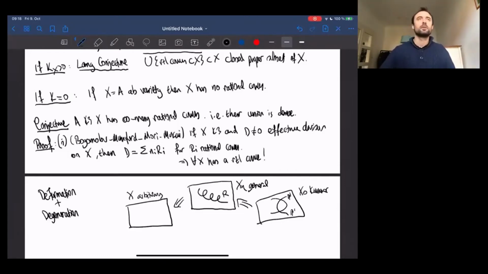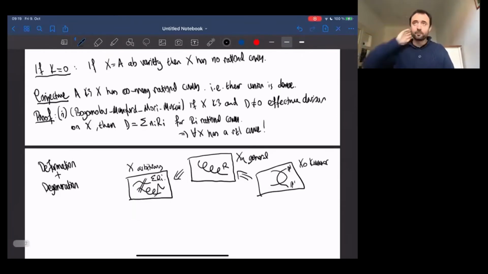Right. So this is roughly how the argument works for this Bogomolov-Mumford-Mori-Mukai theorem. And the ideas that we'll be using are, in a sense, similar to this, but depending on which case we're in, there's considerably more work to be done.